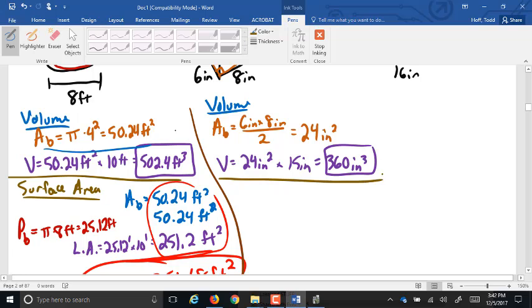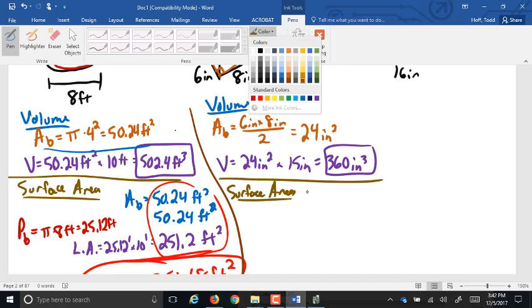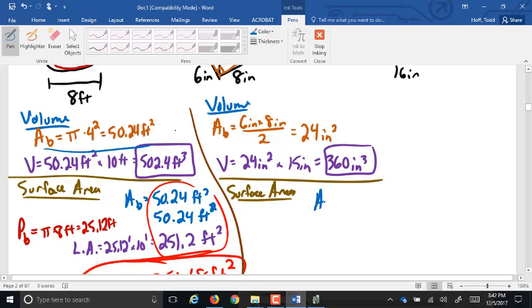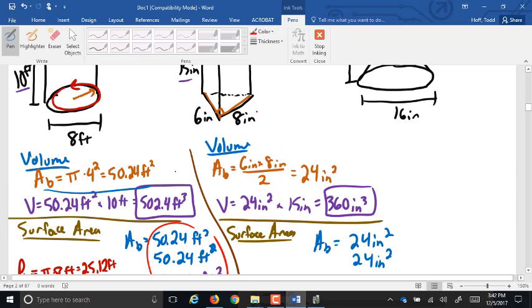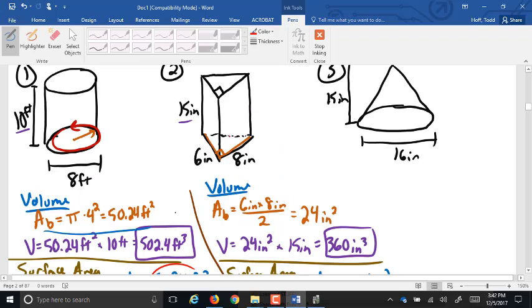Okay, then, so for surface area, we already have the area of the base as 24 inches squared. And there is 2 of them, one on top, one on bottom. To do the perimeter of the base, we need the length of this back side.